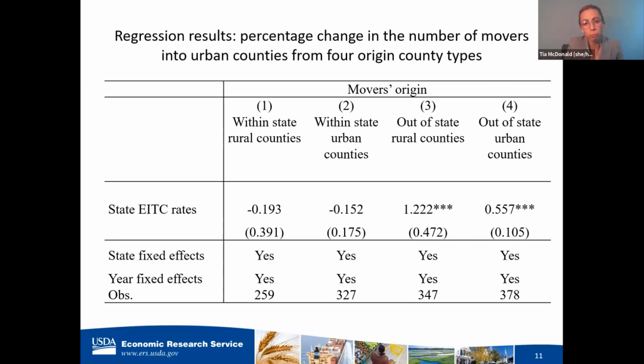And so what we find is that, this is movers to urban counties. For every 1% increase in the state EITC, that is associated with a 1.2% increase in movers from rural counties out of the state, and about a 0.5% increase in movers from out-of-state urban counties.